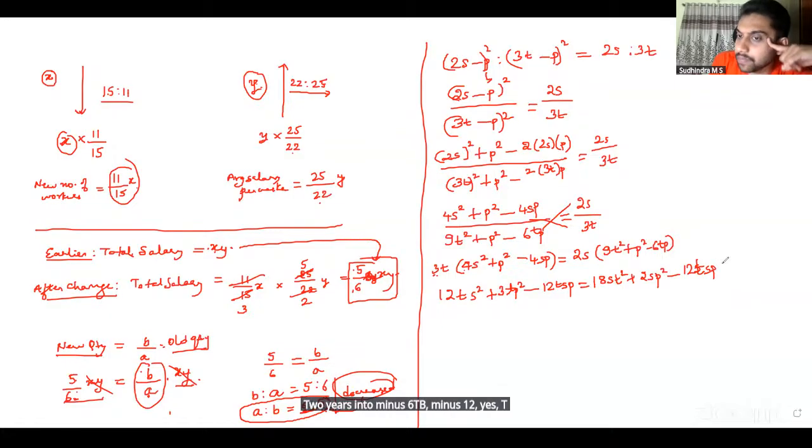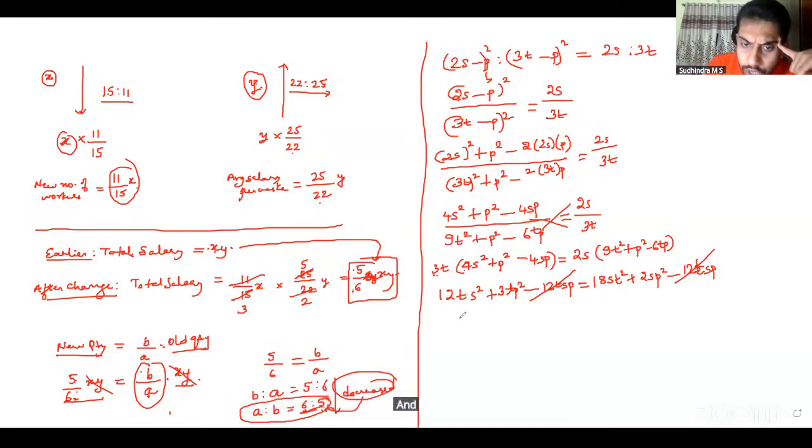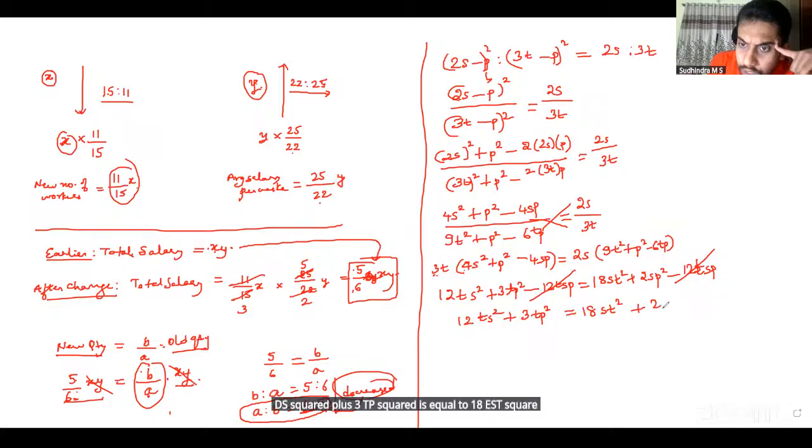So if you look at LHS and RHS, minus 12tsp on both sides gets cancelled. And what remains is 12ts square plus 3tp square is equal to 18st square plus 2sp square.